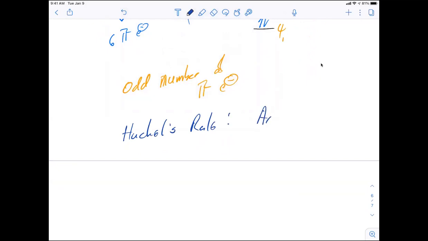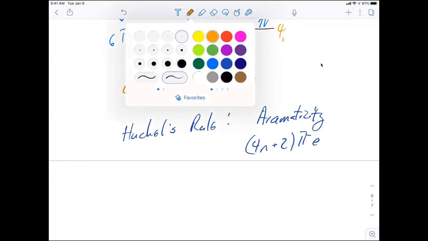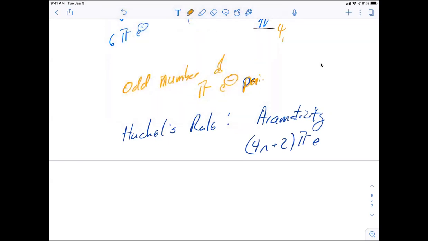For aromaticity, I'm looking for 4n plus 2 pi electrons. And please correct this because it should be pairs. So odd number of electron pairs.